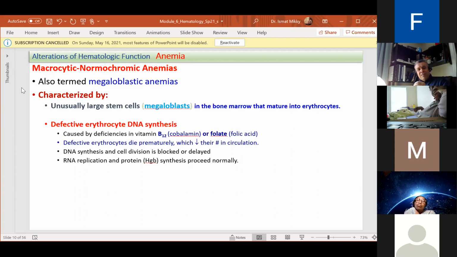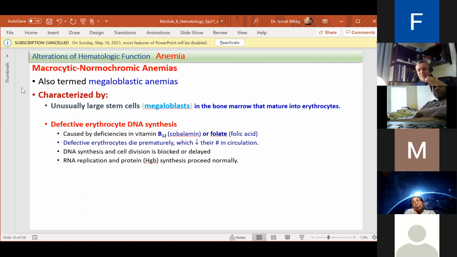So megaloblastic anemia is due to the presence of megaloblasts, and one form of that is the B12 or folate, which is folic acid, deficiency. And then we said that the hemoglobin content is normal, because that's normochromic. Normochromic means the hemoglobin content is within range.